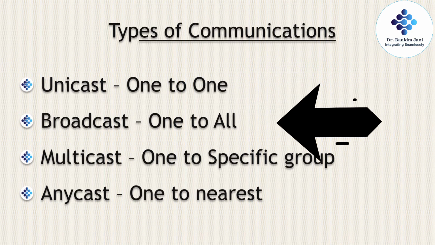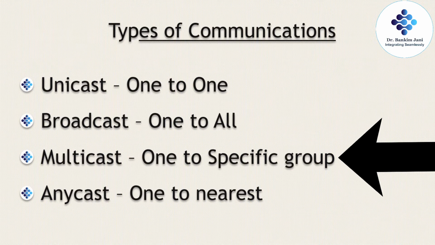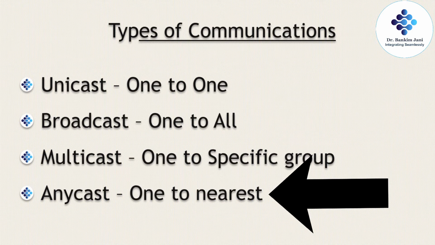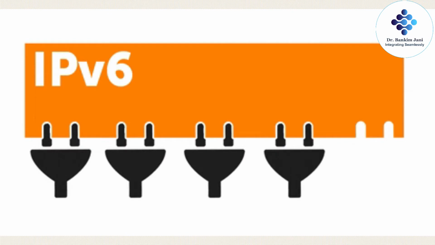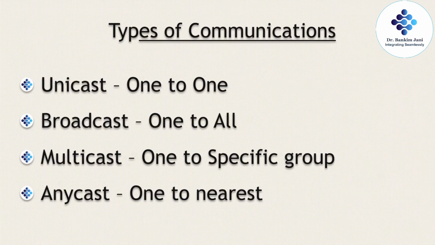Second is broadcast. It is simple, one to all. Third is multicast, one to a specific group. And fourth is anycast. It's one to the nearest. Now it's available in IPv6, the IP addressing scheme. So we shall be talking in detail about anycast in our future lectures when we'll be talking about IPv6.